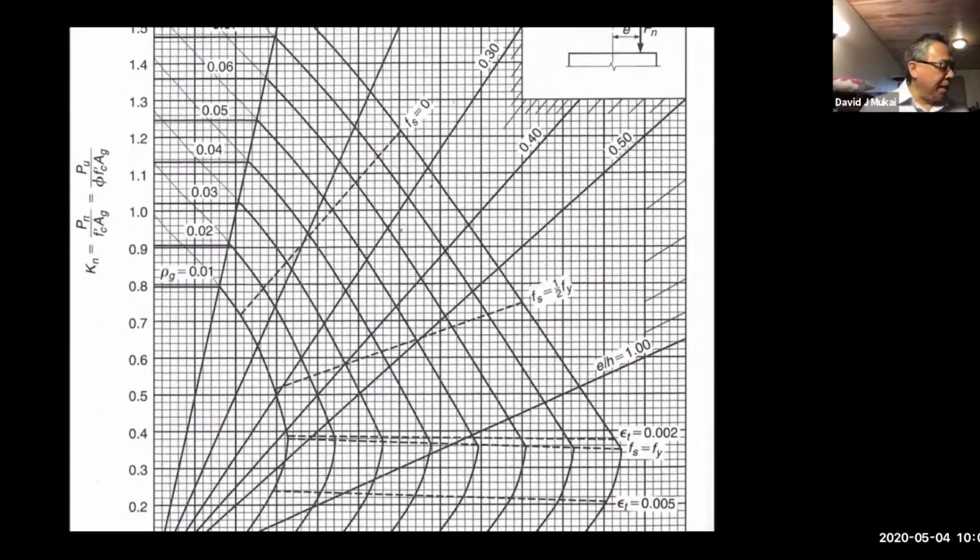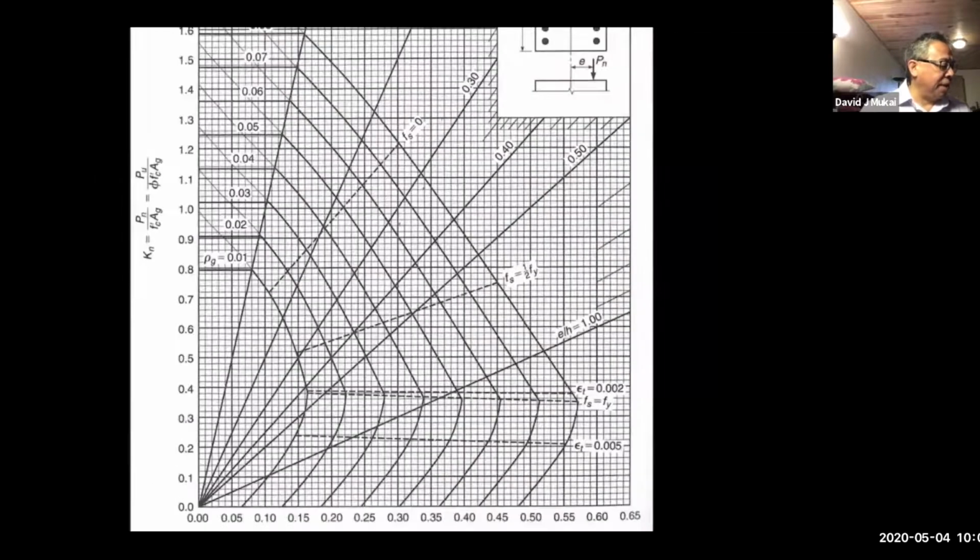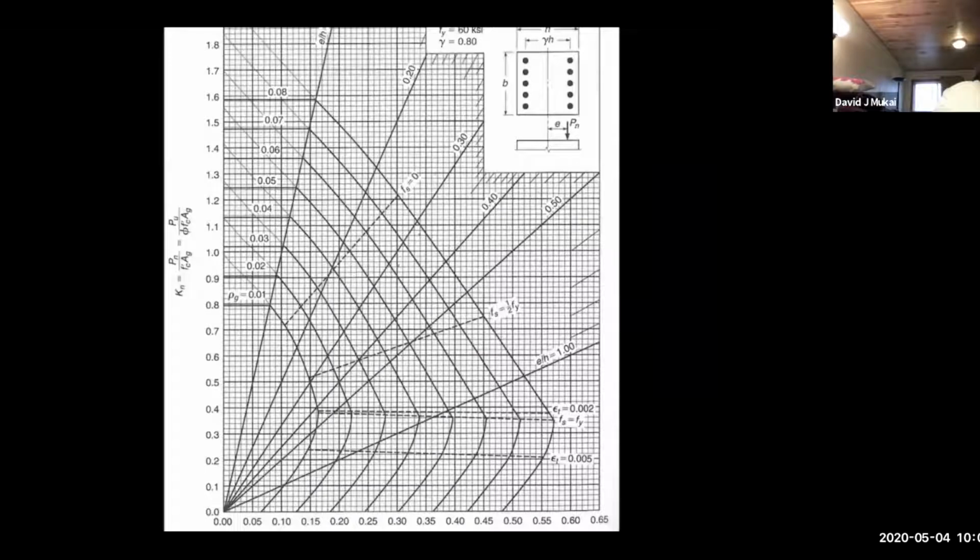Okay, and the main way you use these graphs for design is that, okay, so for that graph, which is 4% steel, the main thing is that everything inside that line is safe.